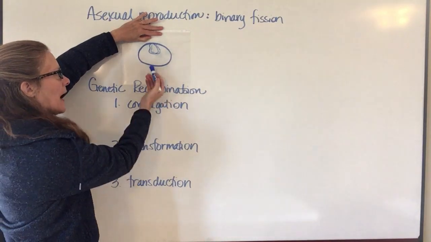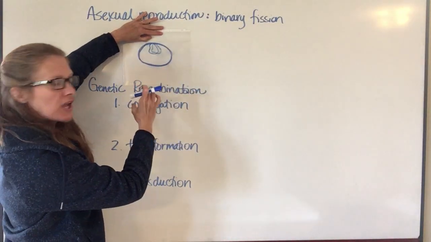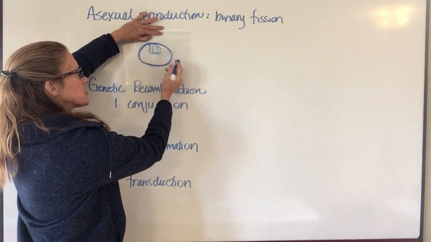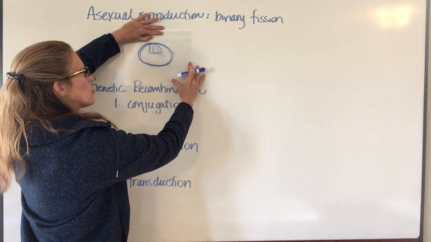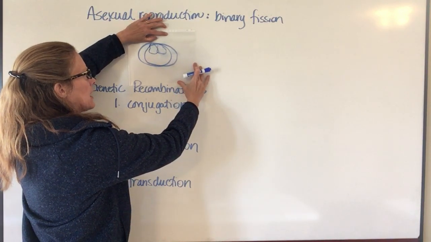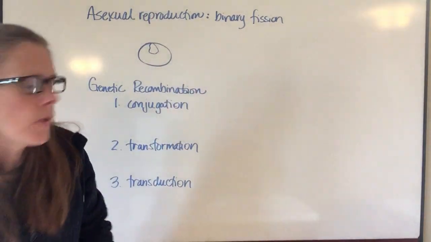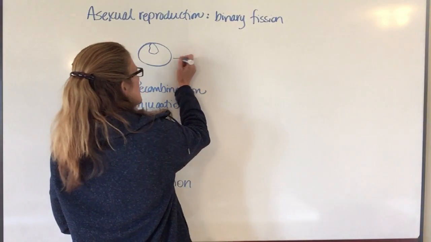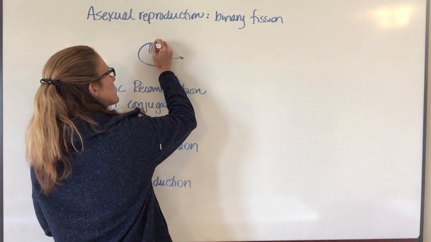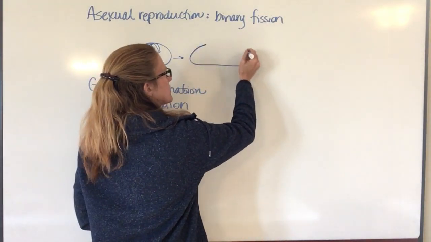Then what's going to happen is that this bacteria is going to start to elongate, and it's going to make more and more of the plasma membrane as it goes down, and so it's going to start spreading apart like this until it eventually separates those two rings. So eventually, once it has reproduced itself and I've got that second ring of genetic material, it elongates.